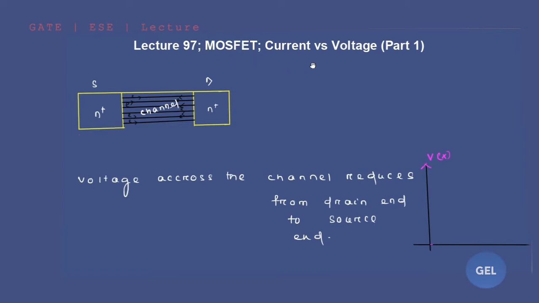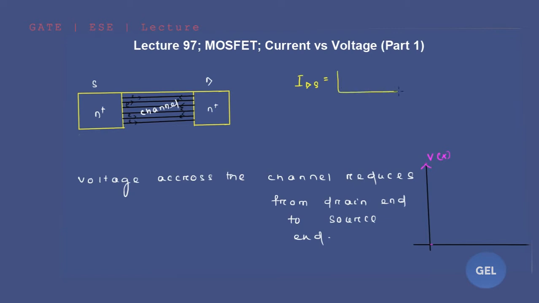Now from this lecture video, we're going to do analysis on current and voltage terminologies which are associated with MOSFET. That means we are going to find out the IDS formula in this lecture video.